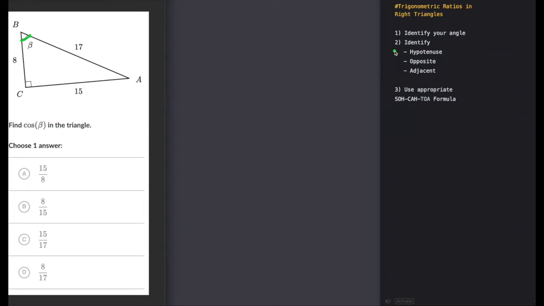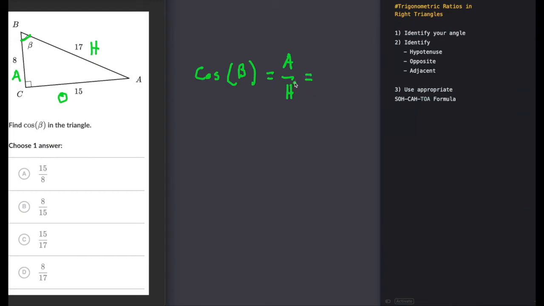So my hypotenuse is going to be the longest side, 17. My opposite is going to be this 15 across from the beta. And then finally the adjacent is going to be this 8 over here. So if I want to find cosine of beta, well, sine, no, cosine, yes. I need adjacent over hypotenuse. So cosine of beta should be the adjacent side over the hypotenuse.